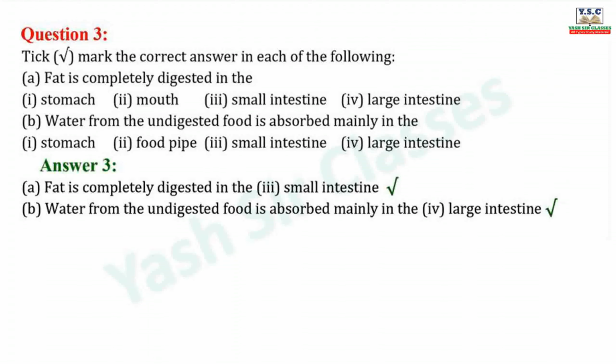Answer. A. Fat is completely digested in the small intestine. B. Water from the undigested food is absorbed mainly in the large intestine.